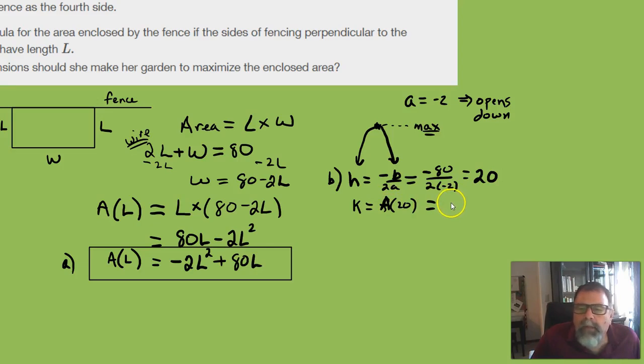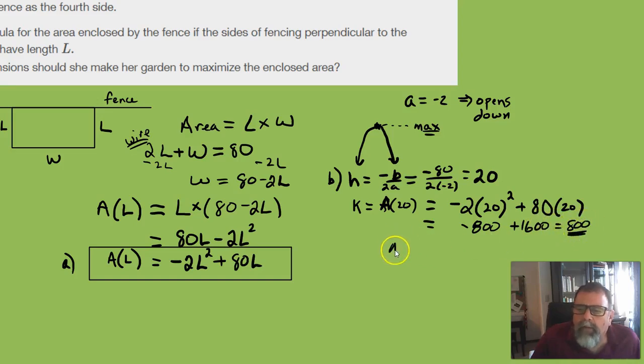So A of 20 would be -2 times 20 squared plus 80 times 20, and then that would be, let's see, 400, or 4,000, I should say. Or is it 400? Yeah, 400, so -800. And then this is 1,600. So 800 is my maximum area.